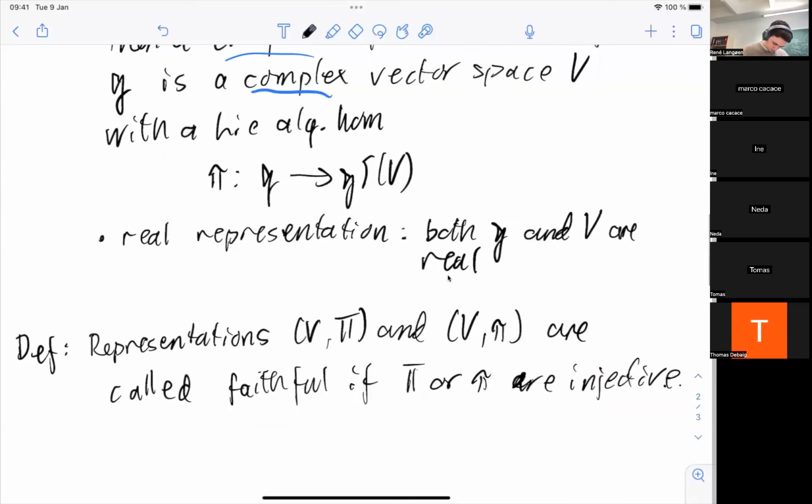And they have trivial kernels, so when these maps have trivial kernels. And note that in this course, we'll only do finite dimensional representations. There are some very interesting infinite dimensional representations, especially of these matrix Lie groups.